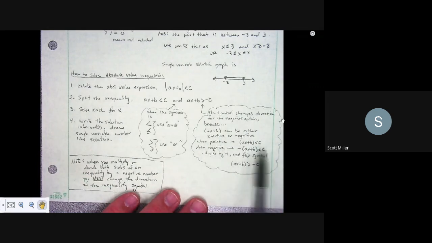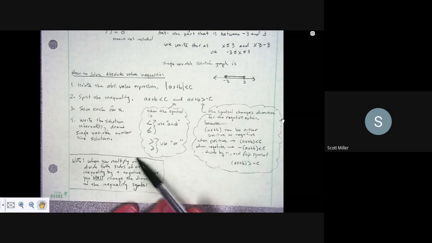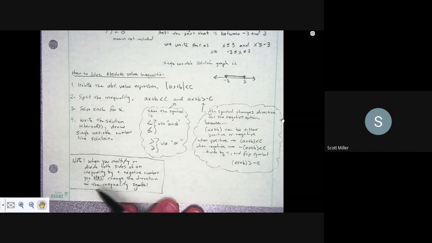When it's negative, it looks like this. It's a negative of that, which is less than C. Well, I don't want that, so I can divide or multiply both sides by -1. And when I do that, don't forget the rule. When you multiply or divide both sides of an inequality by a negative number, you must change the direction of the inequality symbol. So that's what's happening.